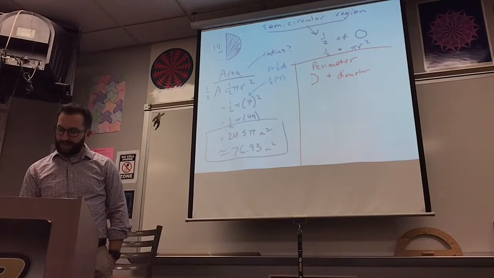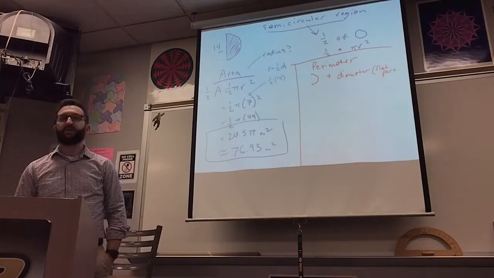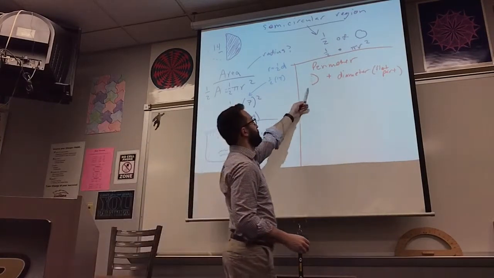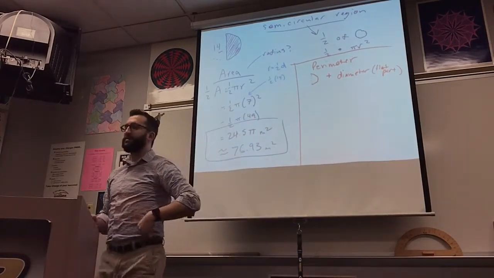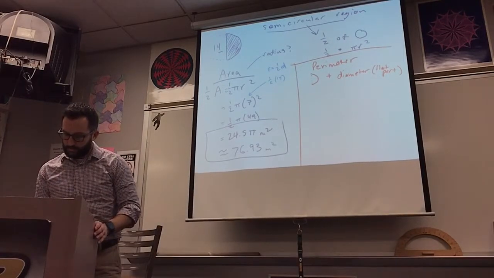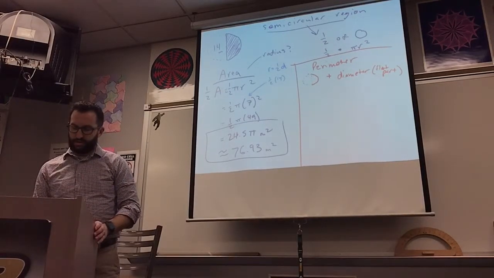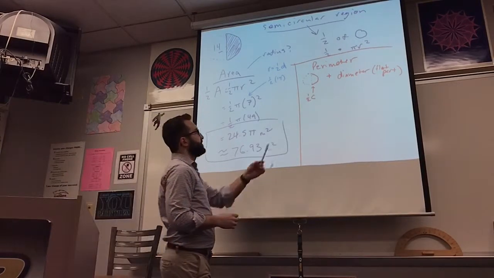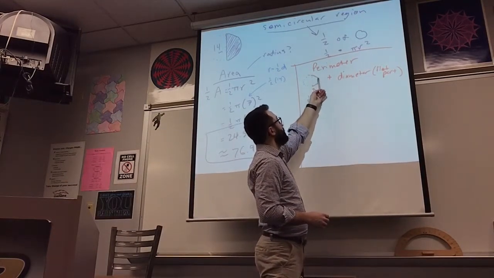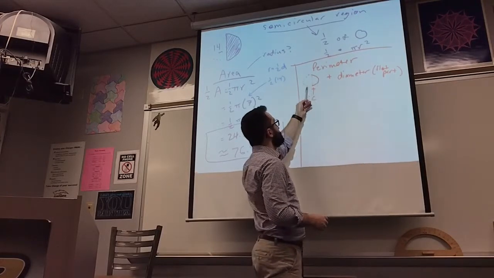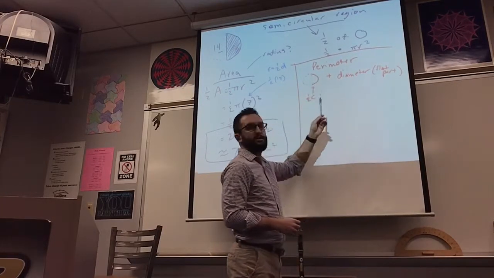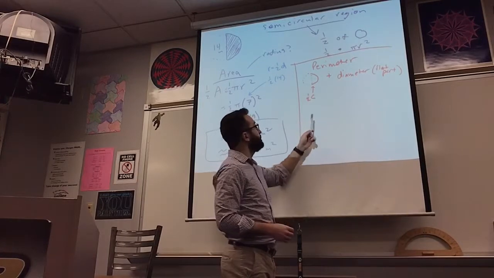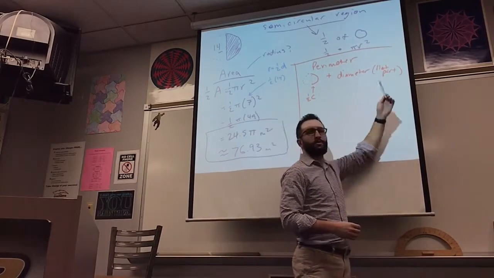The diameter is the flat part, and this is the curved part. How do I find that? Well, it's not an entire circumference. So this is half of the circumference, because I don't want the entire circumference, I only want half of it. That's the curved part. And then I need to include the diameter, which is the flat part.